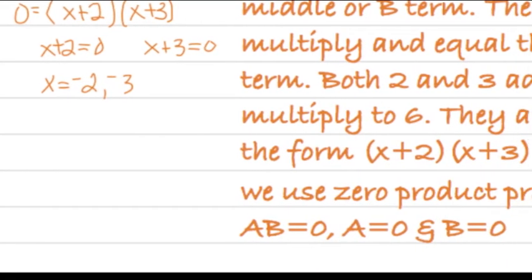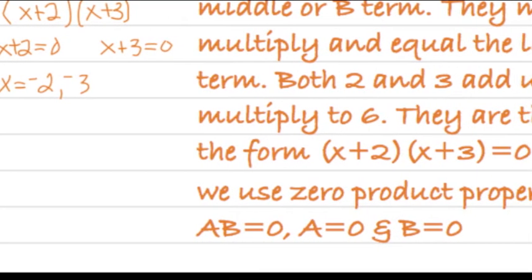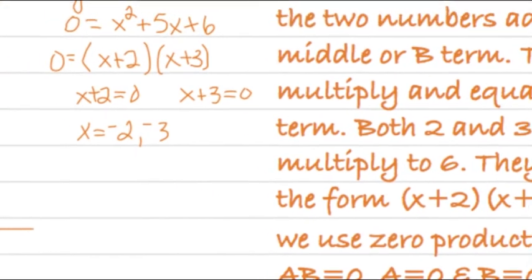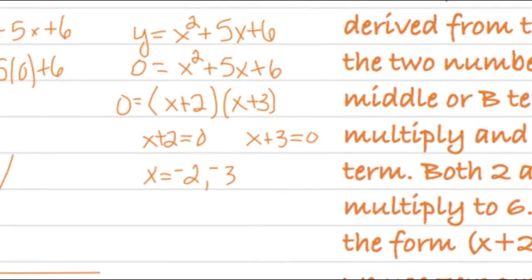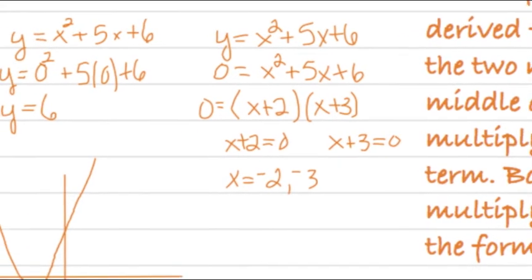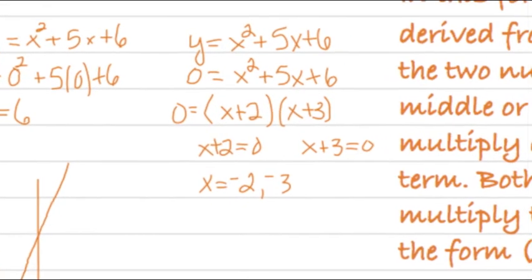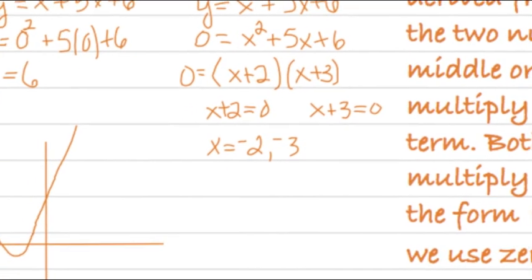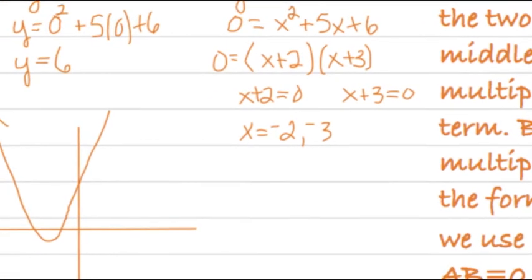From here, we use the zero product property. A times b is equal to 0. That's the zero product property. So a is equal to 0 or b is equal to 0. So you set each of these equal to 0. X plus 2 is equal to 0. X plus 3 is equal to 0. You solve for x. X is equal to negative 2 and negative 3.